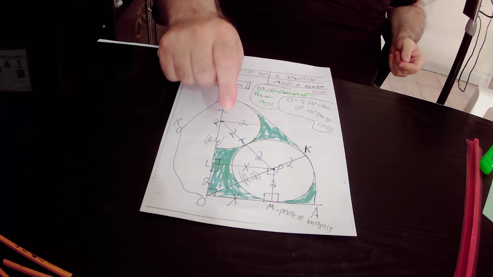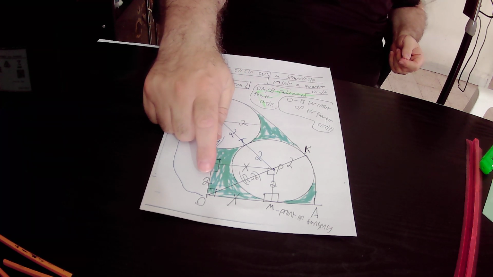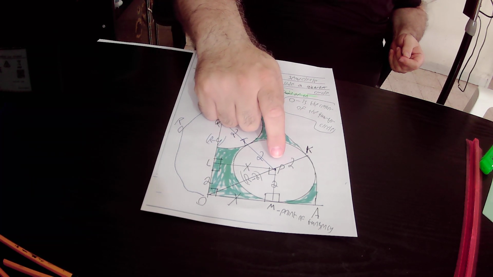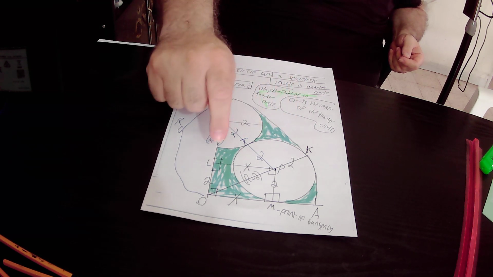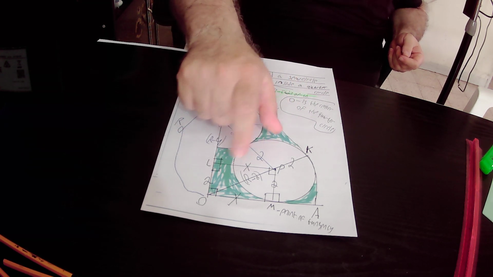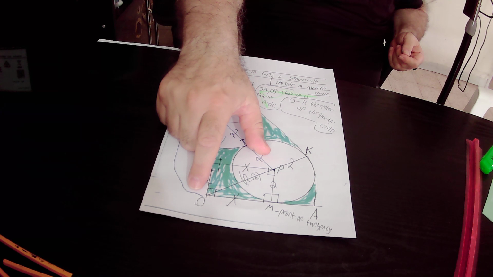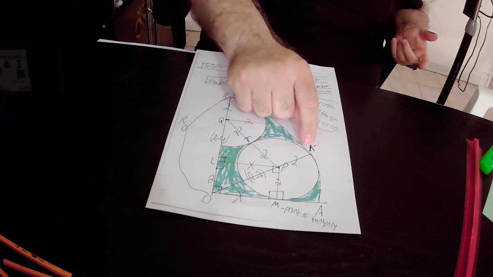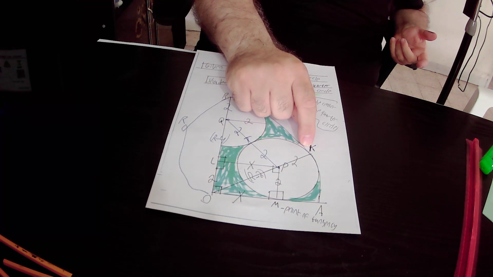In this case, the center of the quarter circle is point O. The center of the circle is point P, and the straight line that joins their centers together is PO. According to the rule I mentioned, this straight line PO must pass through point K, their touching point.